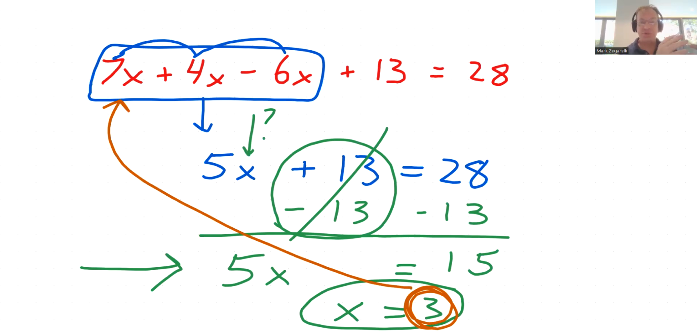So 7 times 3 plus 4 times 3 minus 6 times 3 plus 13 equals 28. Does that work out? It should work out, and that would be the check. We'll do that at some point, but I think it's more important to keep building up the skills, and then we'll circle back and do whatever your teachers need you to do when the school year starts, okay?